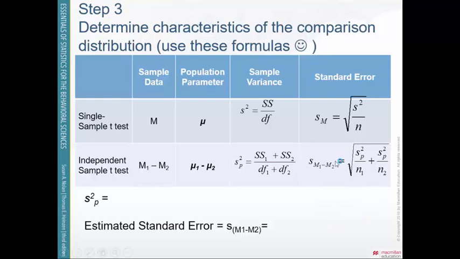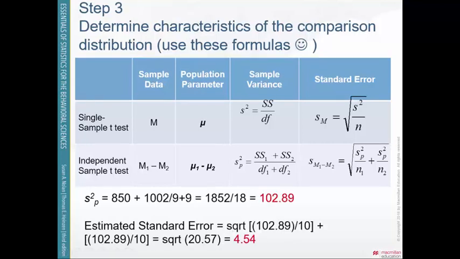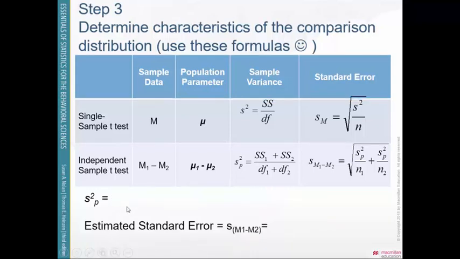Okay, so here are the two big formulas, and it's also a matter of the order of operations in order to get these numbers correct, so I want to walk you through them. So in this case, we needed sums of squares for group 1 and sums of squares for group 2, which I didn't have that answer for you. But if we added up the sums of squares for parents married, you should get 850, and that was all the way back here.